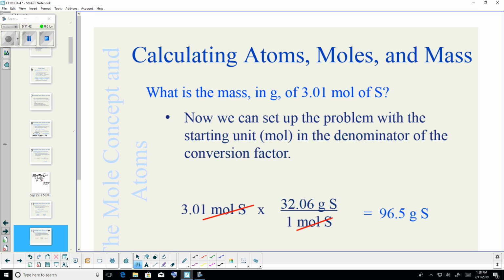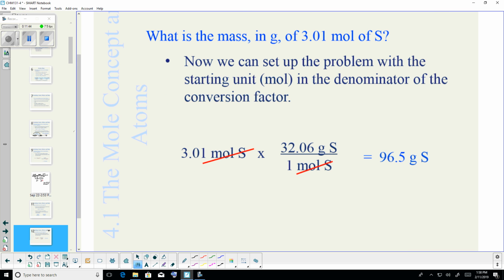So 3.01 moles times 32.06 grams per mole, about 96.5 grams. So we've just gone from moles of A to grams of A.